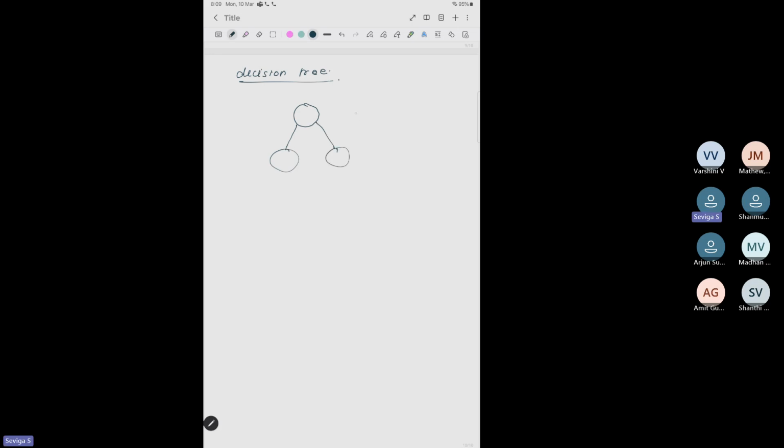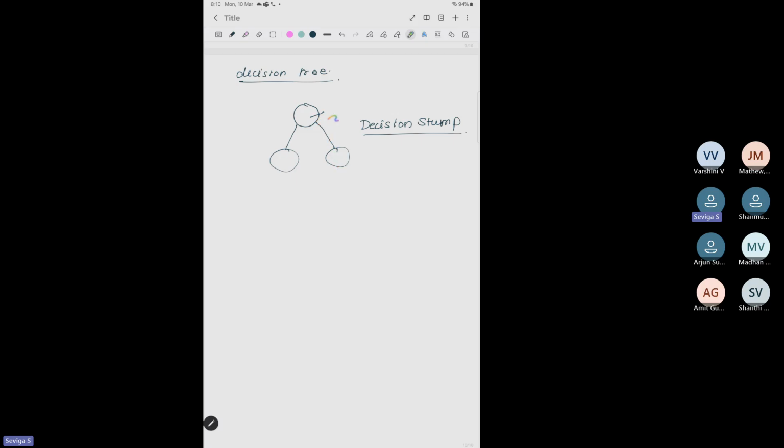This kind of decision tree is called a decision stump. It has only one test to be addressed, and based on that one test, it will send the data into two nodes.